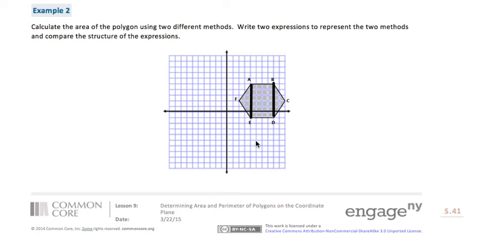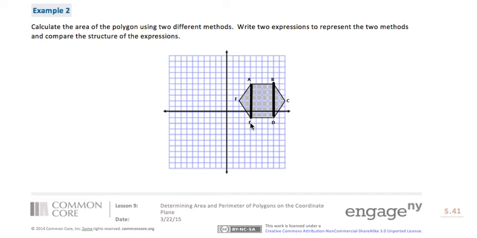So I've gone ahead and cut our hexagon into those 3 parts. And all we need to do now is to find the area of each of the triangles and of the rectangle in the middle. The formula for area of a triangle was base times height divided by 2.